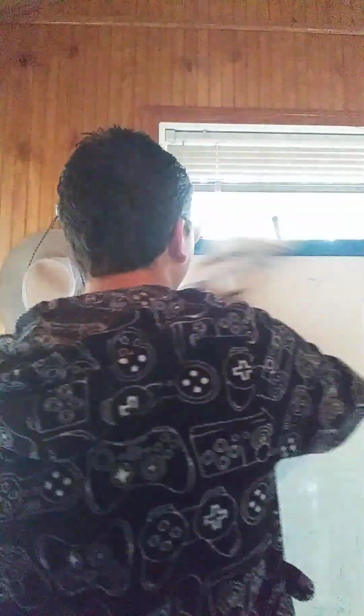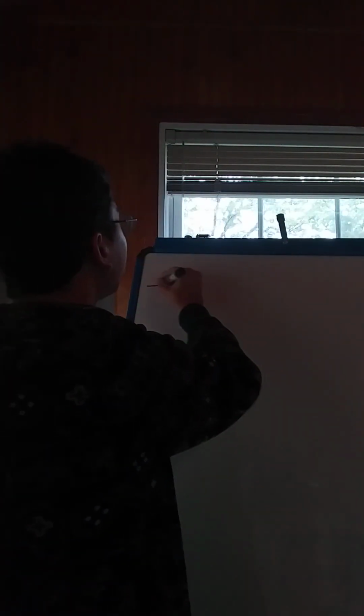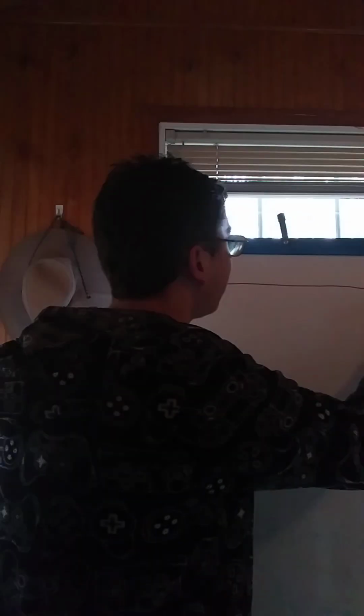So let's just start off with a regular line. Let's draw a regular line. And no, we're not going to put numbers on it. Imagine a line. There's no saying that you go forwards or backwards.